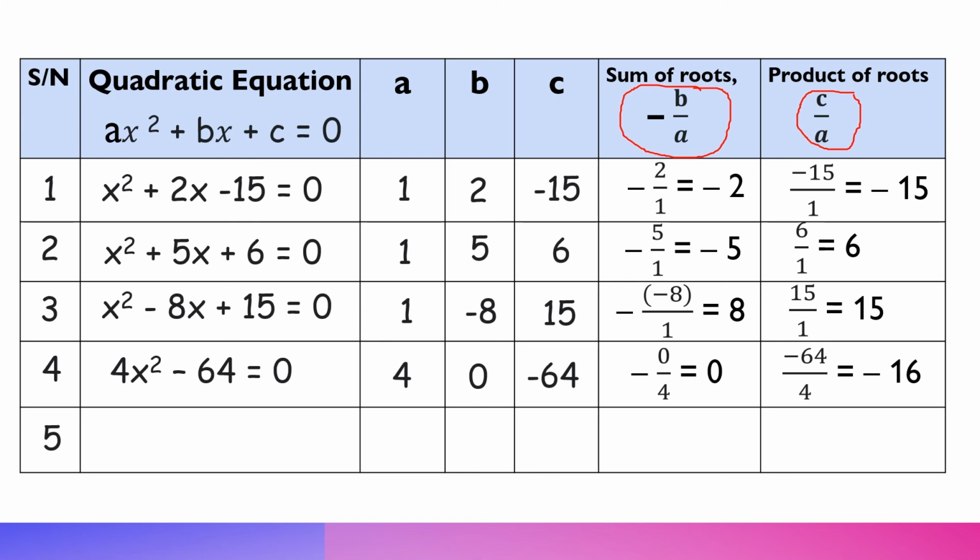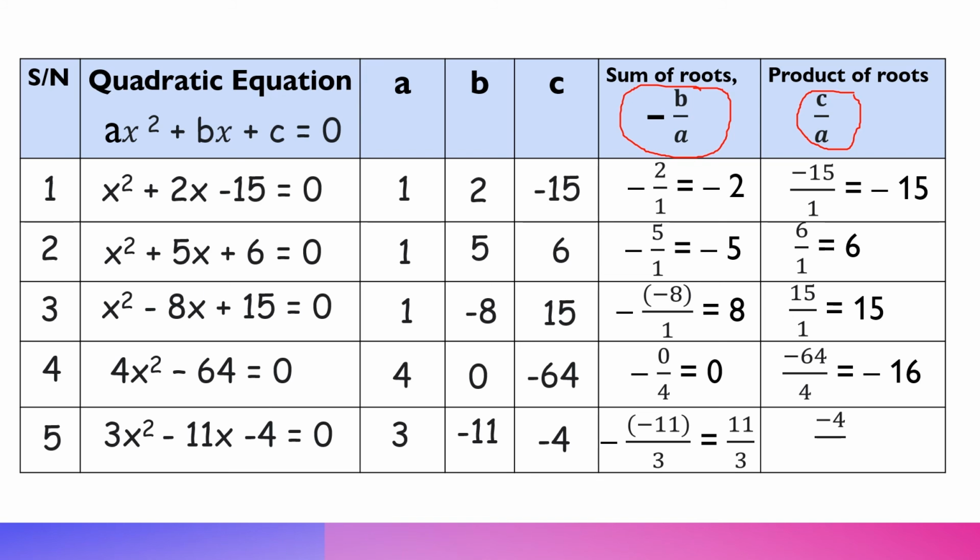All we are simply doing for these 5 examples is just to identify what our A, B, and C are based on the general terms, and then applying the relevant formulae.